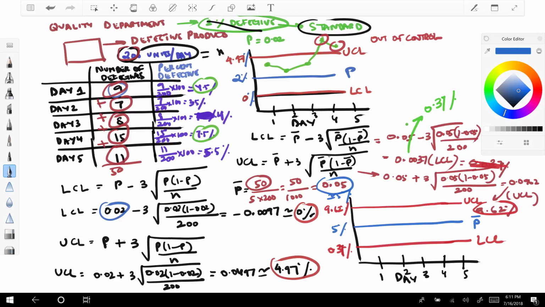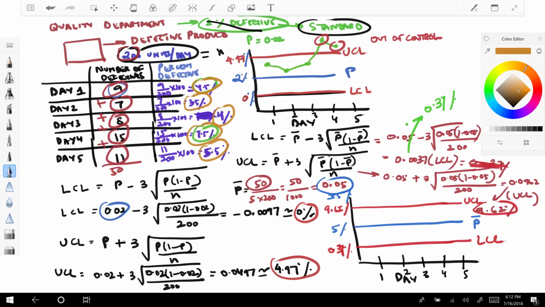So now I can again plot these values. So 4.5, 3.5, 4, 7.5, 5.5, we can again plot.